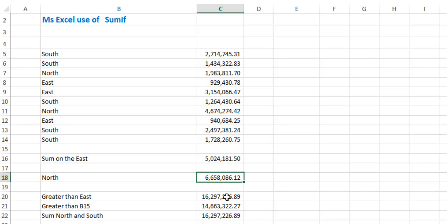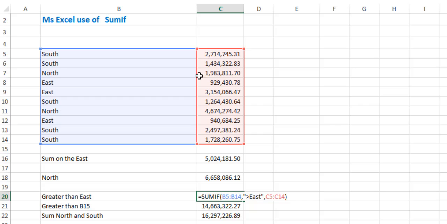Next we can use this formula like this: SUMIF B5:B14, comma, greater than east, comma C5:C14. The value which is greater than the value of the east, we want it here.